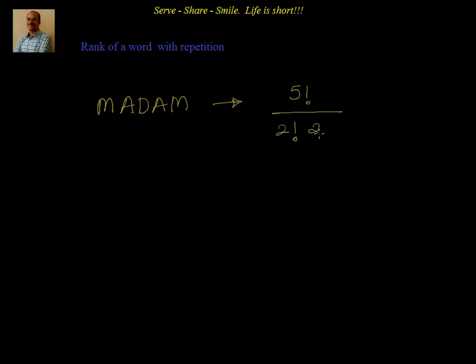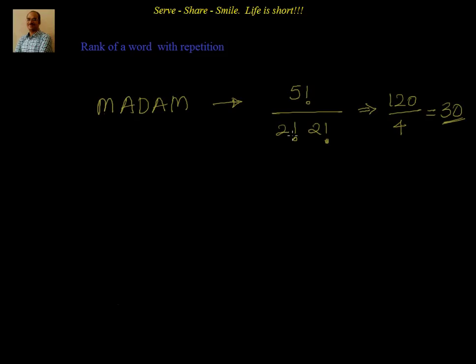Again A is repeating 2 times, so I have to divide by factorial 2 again. Madam should form 120 words because factorial 5 is 120, but it is forming only 120 by 2 into 2, that is 4, 120 by 4, 30 unique words. That means out of 4 words, 3 words are duplicated.